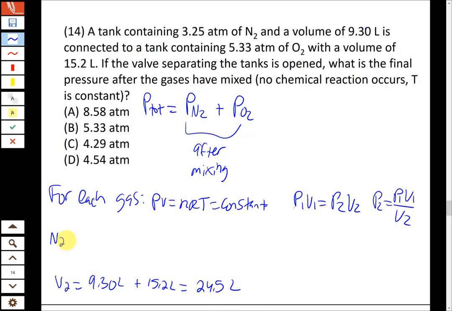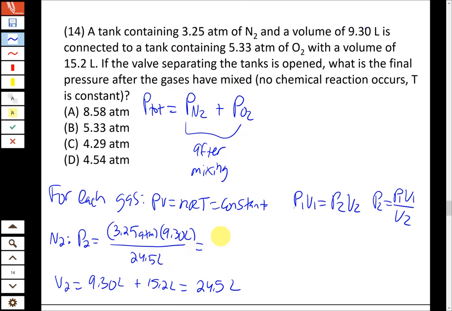So then we just have to solve for their final pressure. So for nitrogen, P2 is going to be P1V1 over V2. The initial pressure for nitrogen is 3.25 atmospheres. The initial volume for nitrogen is 9.30 liters. That's given in the problem. And then again, the final volume after they mix together is the combined volume of 24.5 liters.